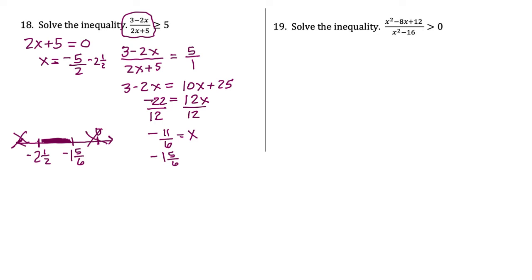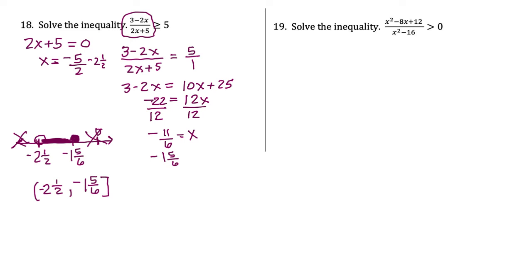We're going to do parentheses, negative 2.5, comma, negative 1 and 5/6, with the bracket. So it is included. If you left it on the number line, open circle and close circle it. And I don't care which one you do, whether you leave it on the number line or put it in interval notation.